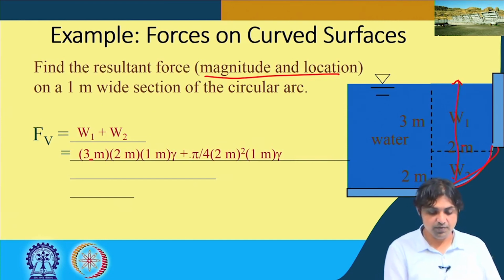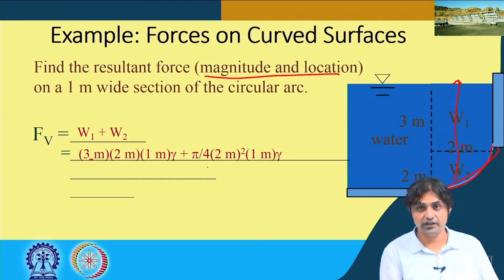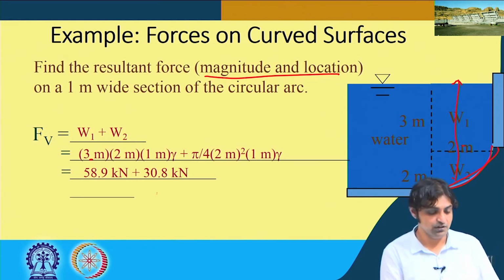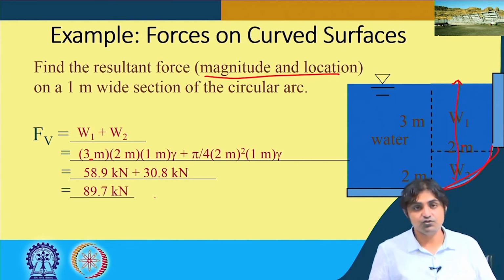This one, it's pi by 4 r square. So pi r square is the total area, but it is 1/4. So pi by 4 r square into 1 meter into gamma. Very simple calculation. This comes to be 58.9 kilonewton plus 30.8 kilonewton, and in total it comes to about 89.7 kilonewton.